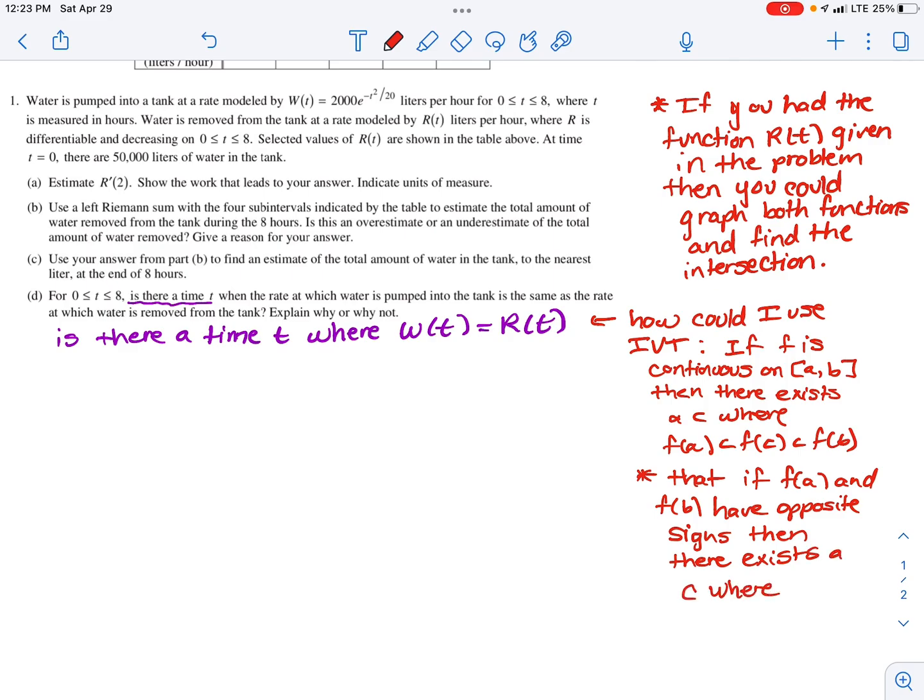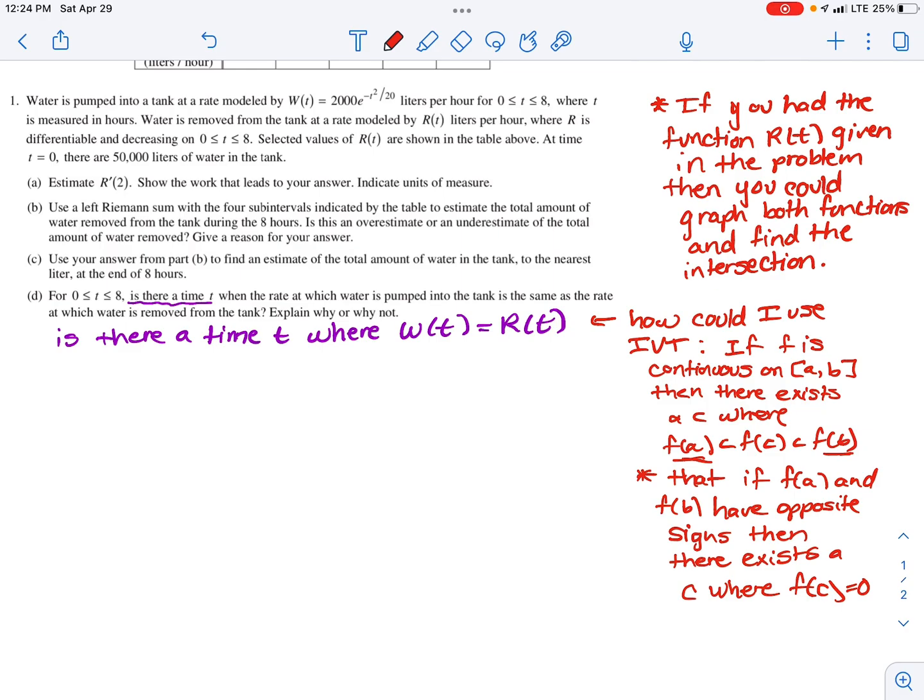Right? So those were those two things for IVT. The straightforward one and then what follows from that, because of course if f of a is negative and f of b is positive or vice versa, then there is going to be some point where there exists a c where f of c is equal to 0, because 0 is in between a negative and a positive value.